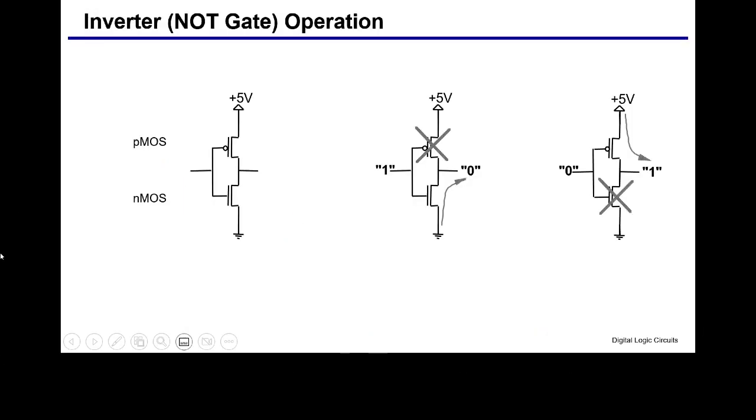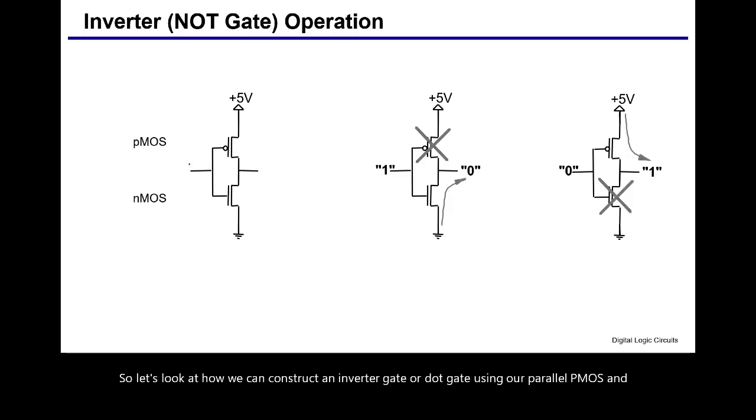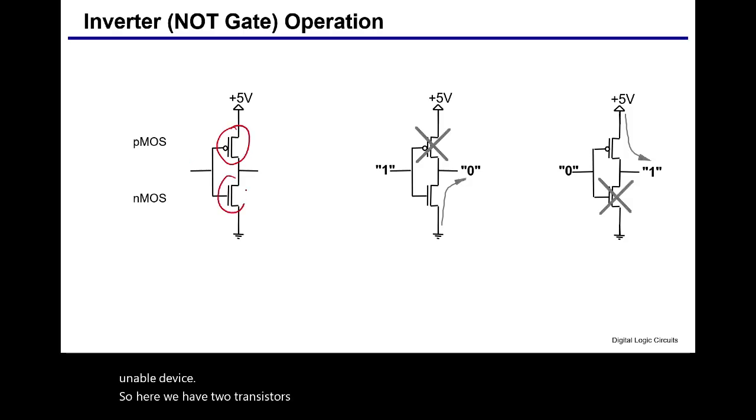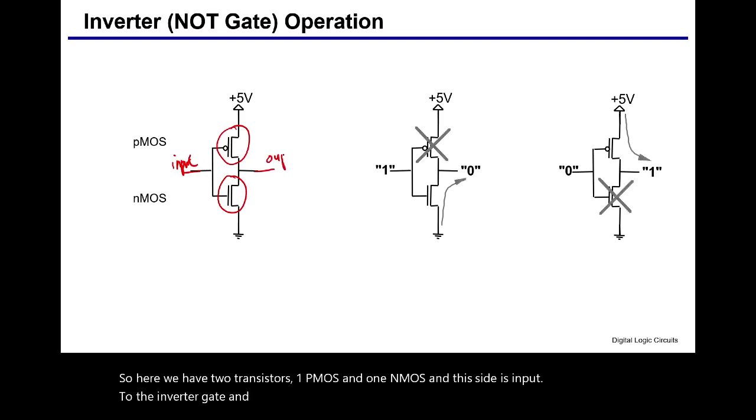So let's look at how we can construct an inverter gate or NOT gate using a pair of PMOS and an NMOS device. So here we have 2 transistors, one PMOS and one NMOS, and this side is input to the inverter gate, and this side is output from the inverter gate.